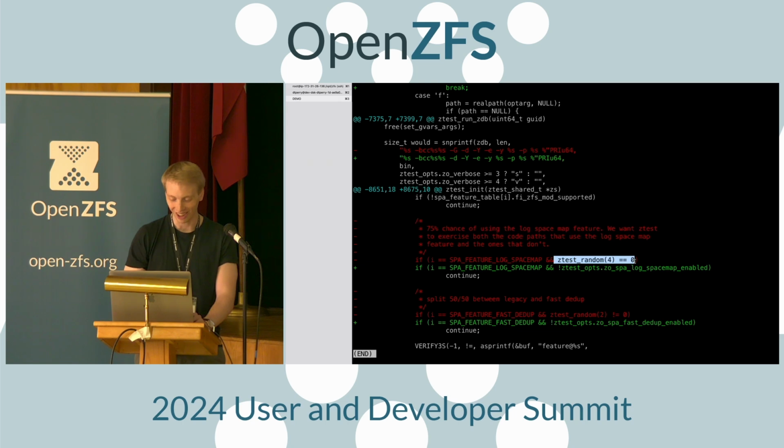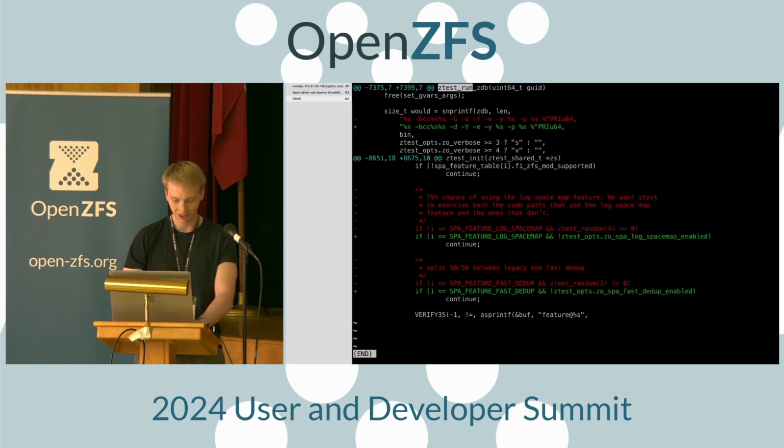So I moved those out. And the next thing is, all of the actions that are run inside, is it z-test run? Or is it z-test main? Oh, it's z-test thread. I don't know what that one is.